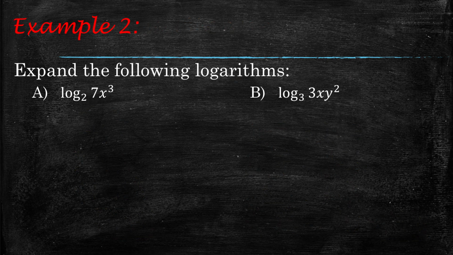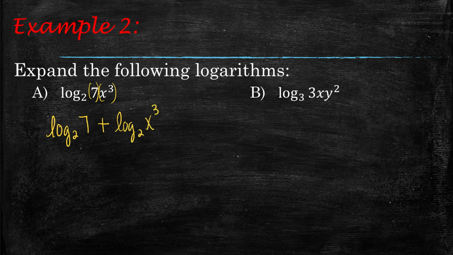All right, example 2, we're just expanding. So we're not doing any evaluating, we're just going to expand. And so keep in mind that this is 7 times x to the third. So we can first expand it as log base 2 of 7, and then plus, since it's a product, log base 2 of x to the third.